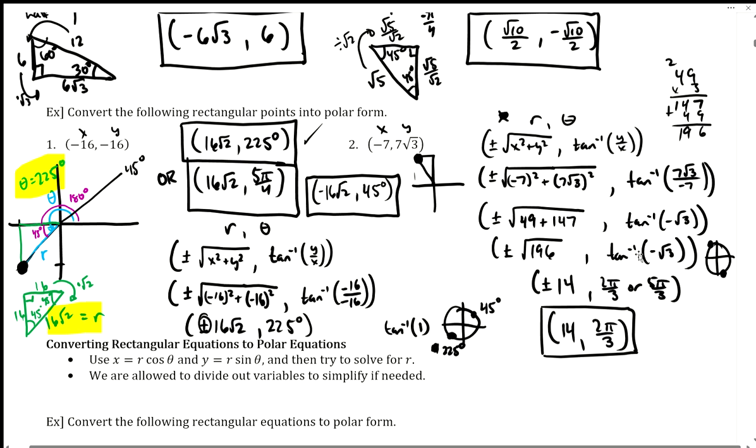All right, so if these numbers were nastier and we did need a calculator, the calculator would have given us the angle that's in quadrant 4 as a negative. Okay, so it would have given us the negative pi thirds. And if I wanted to say, well, if it's negative pi thirds, but I want to be in quadrant 2, I should choose the negative radius.